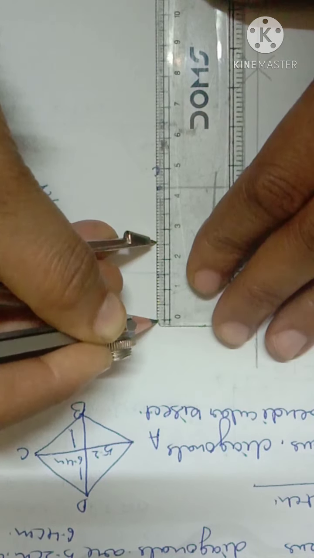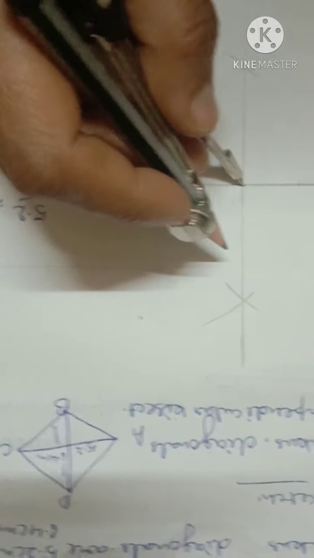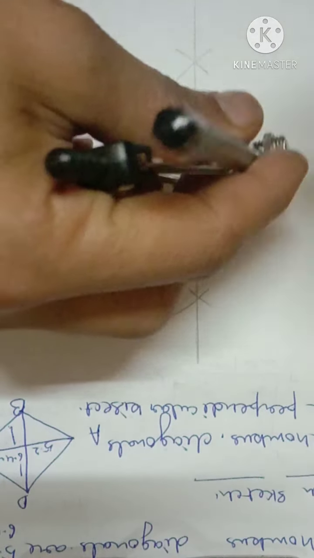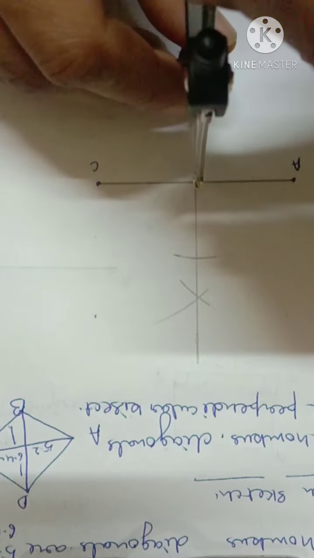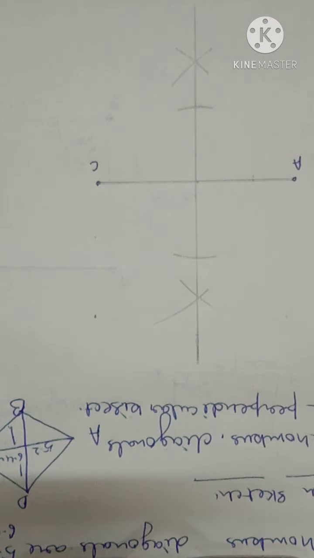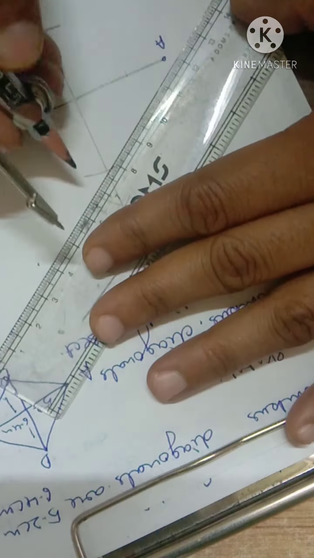Now I am going to open the compass to 2.6 centimeter and, keeping it at the center point where both the diagonals cut, make an arc up and down on the perpendicular bisector line segment. Clear? Then after that I will join, and I will get a rhombus.